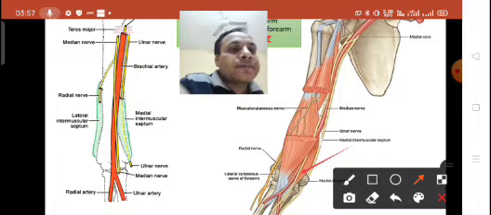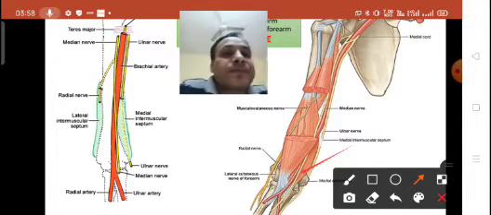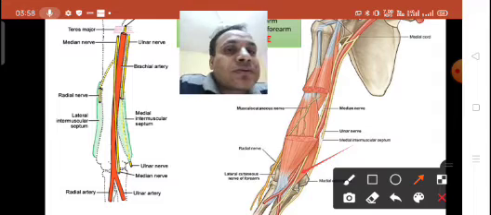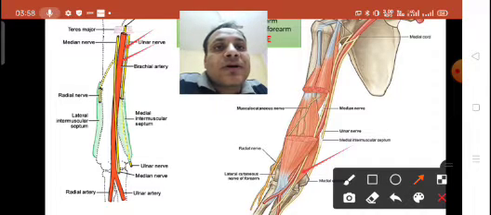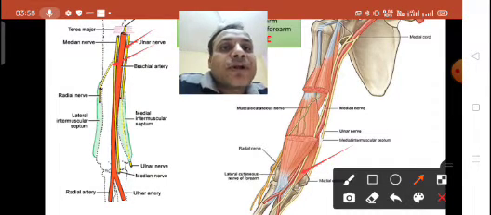Okay, and it leaves the arm and enters the cubital fossa. You can see in another diagram, this is the brachial artery and this is the median nerve.